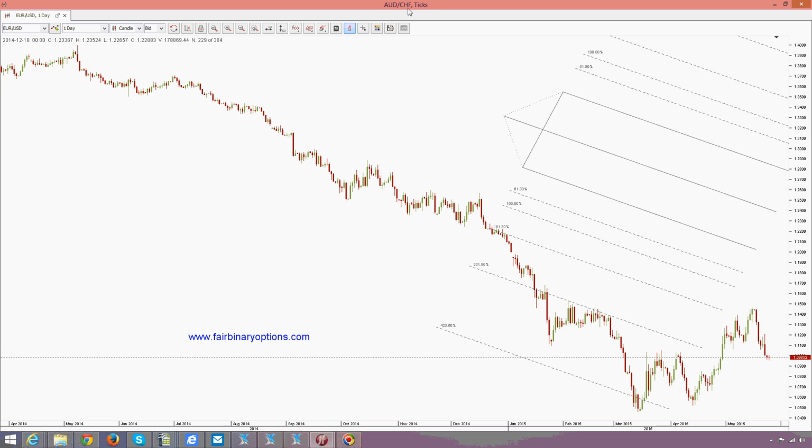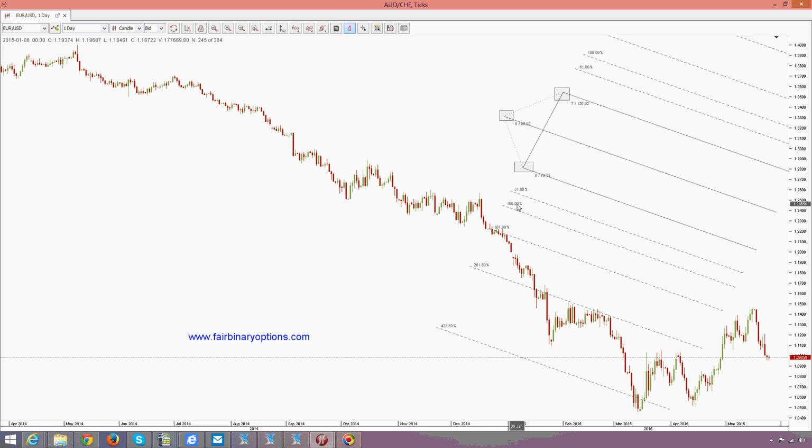Any pitchfork is formed out of 3 lines deriving from those 3 points. This was the initial click, or the initial pivot, the P0. This is the second one, and this is the third point.